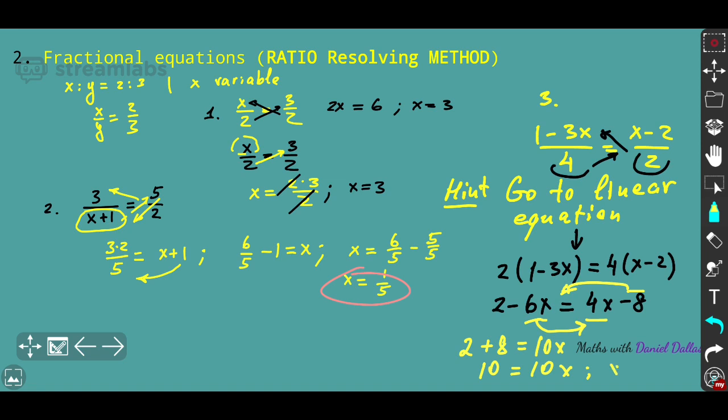So the final answer, x equals 1. Because you divided 10 by this 10, that's how you work out the value for x. Okay? So x is 1, and we actually solved this.